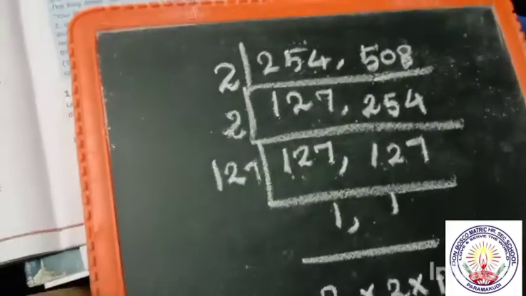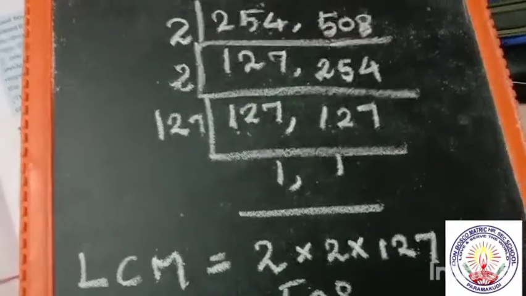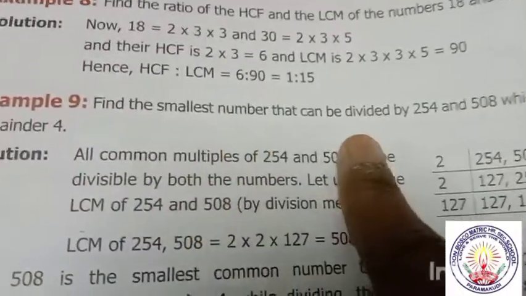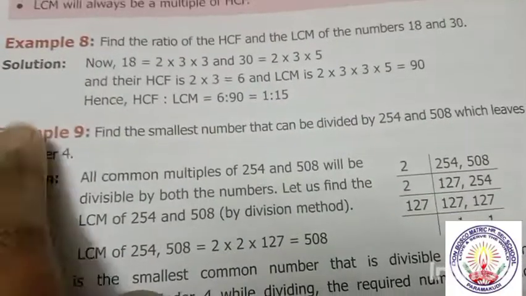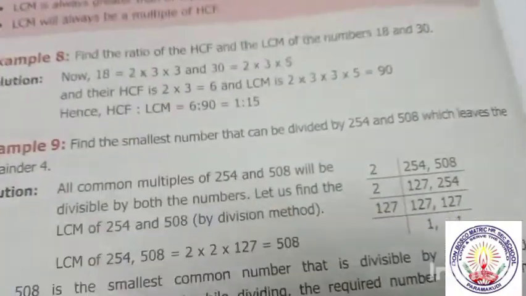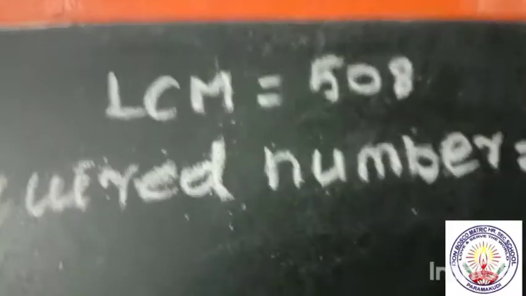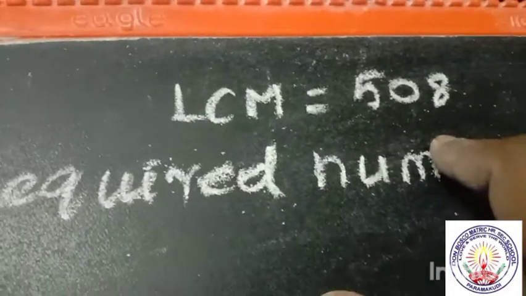Okay. But in this question, find the smallest number that can be divided by both the numbers, which leaves the remainder 4. We need the remainder 4. So we already found that the LCM is equal to 508.